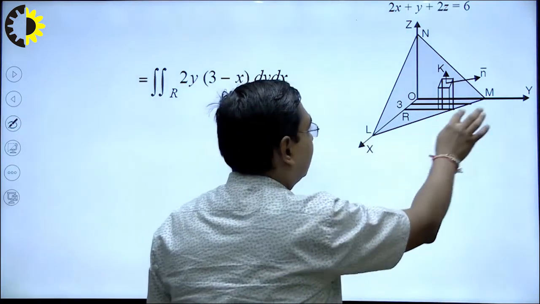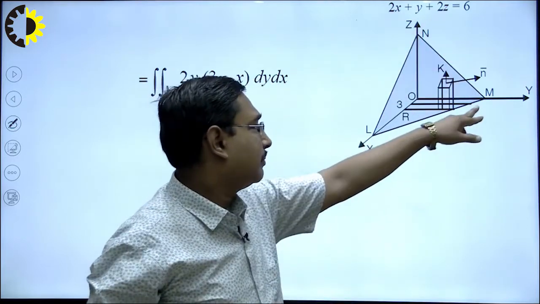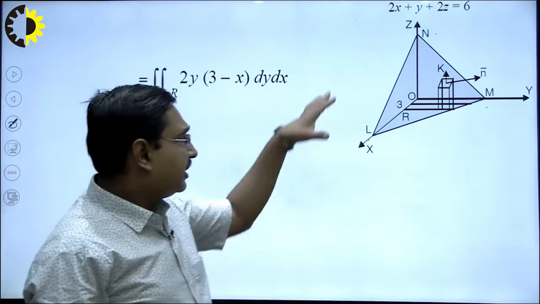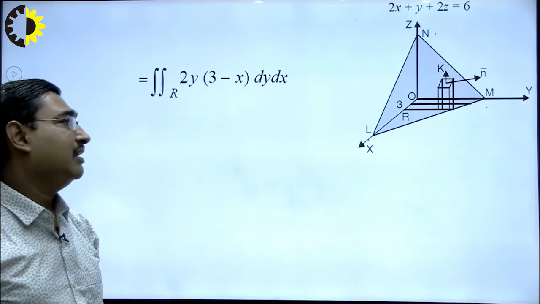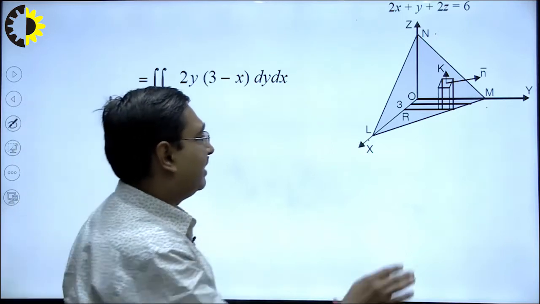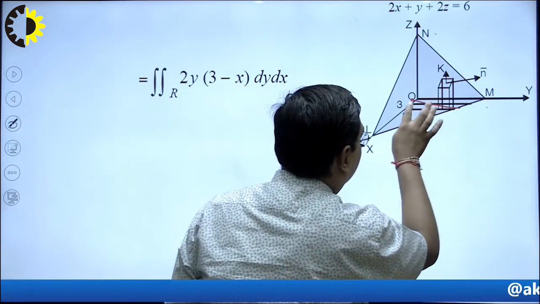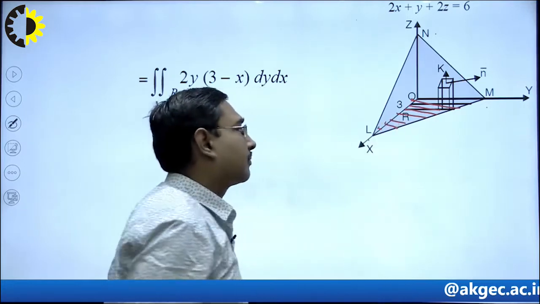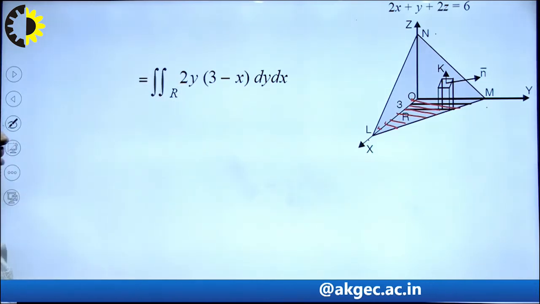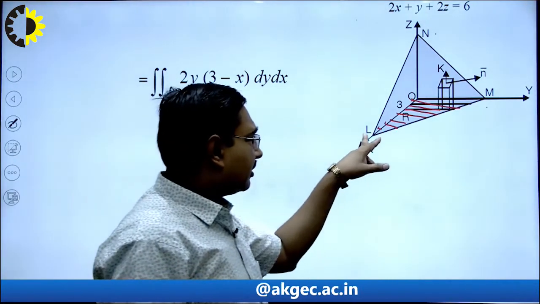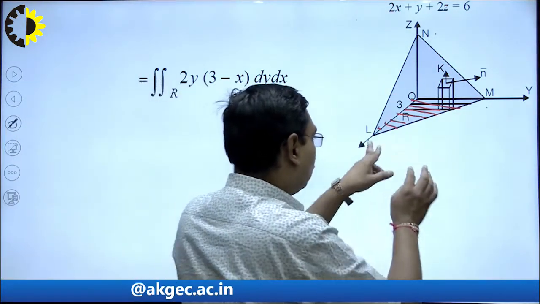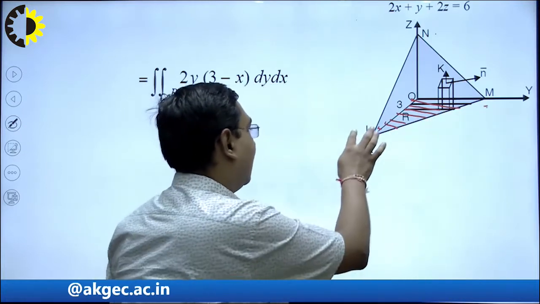This plane is looking like this, which is represented by this triangle LMN. Now, we shall take its projection on the xy plane. The projection, that is the shadow of this plane on the xy plane, will be this triangle here. This triangle on the xy plane will be used to find limits of this double integral. If I want to find limits of this double integral through this triangle, I need to know the equation of this line LM.